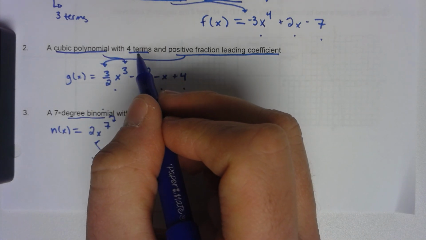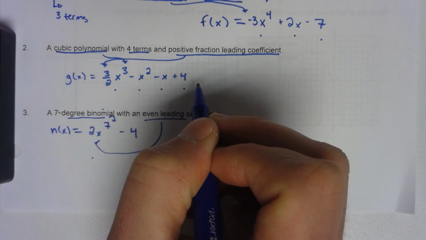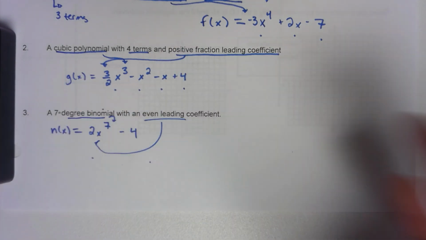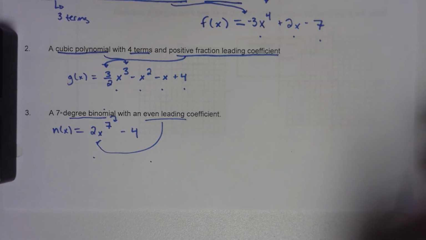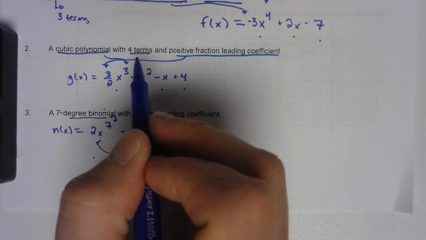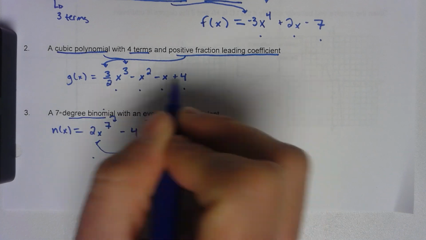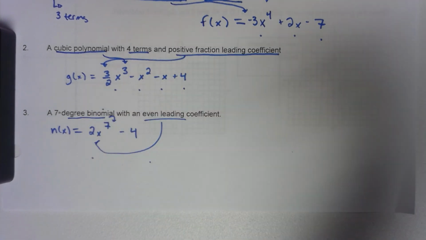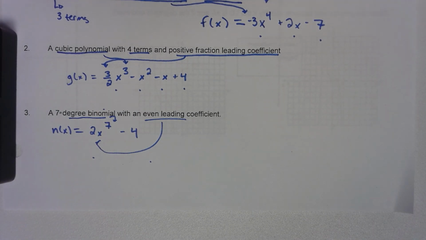Then, since there's 4 terms, you need to have an x squared, an x, and a constant term. What coefficients you put in front of that can be anything. It doesn't matter because the description doesn't say it. But for us to have 4 terms in a cubic, each term needs to have a different exponent. Otherwise they would combine and simplify and not be a 4-term polynomial.